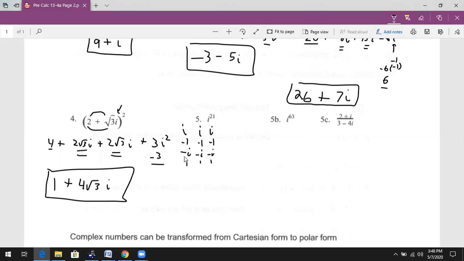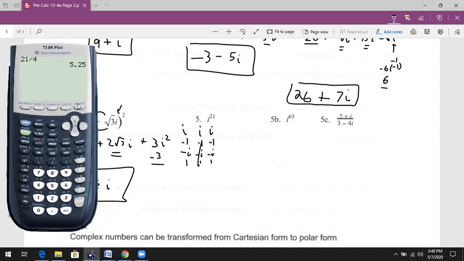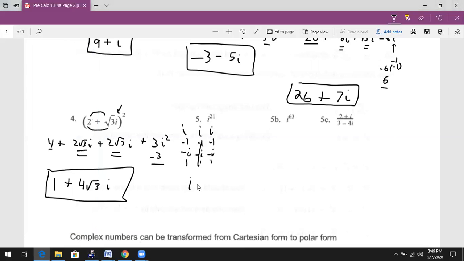I'll do this 5 times. I will have 3 of them listed. And I'll have a remainder here. If I get rid of the whole number and multiply it back through, it has a remainder of 1. So it goes through this pattern 5 times, and then 1 left over. So i to the 21st is the same as i to the 1st, or just i.